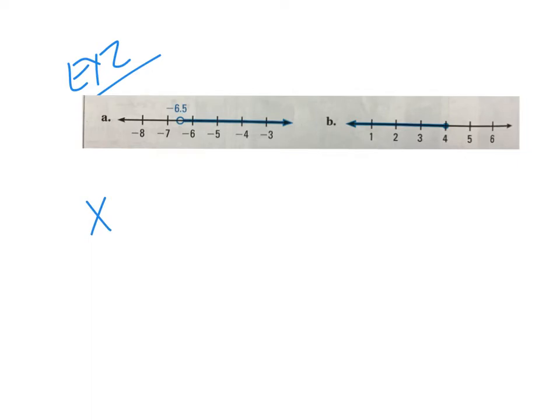X, and then I would say less than, greater than, less than or equal to, greater than or equal to. Which one is it? Greater than. It's greater than. So X is larger than. Is it greater than or equal to, or just greater than? Just greater than. Very good. And then what am I going to say? Negatives. Negative 6.5.